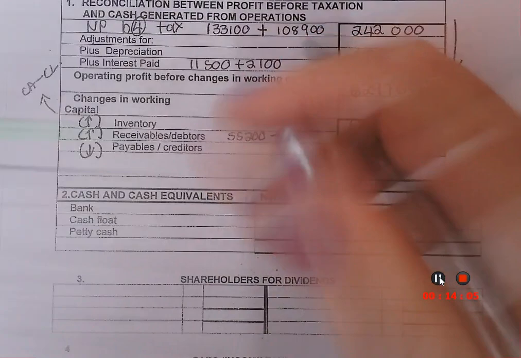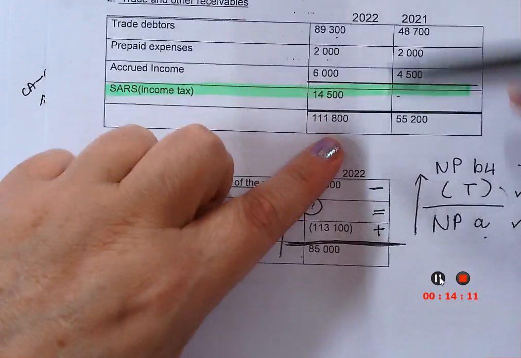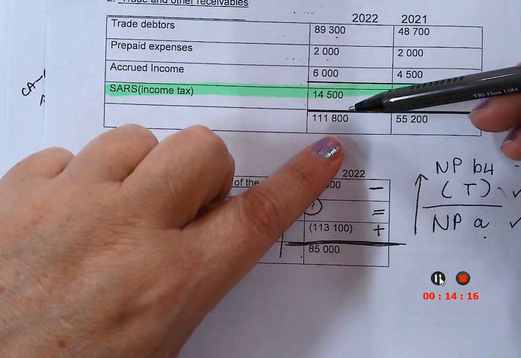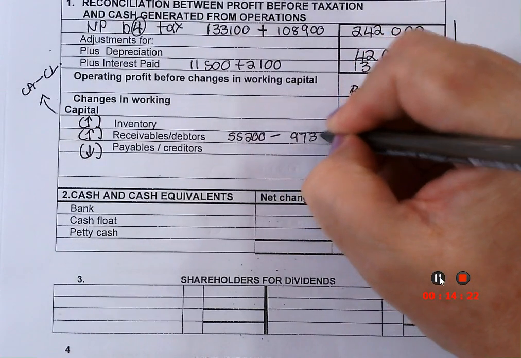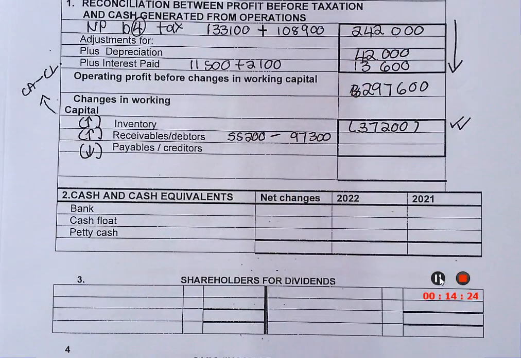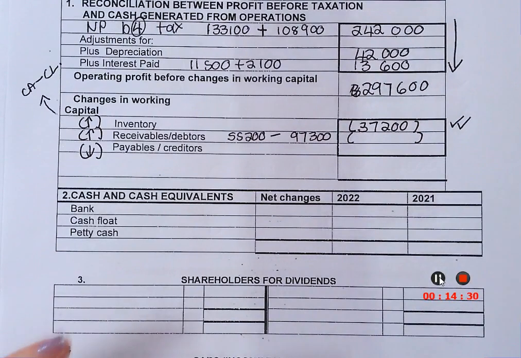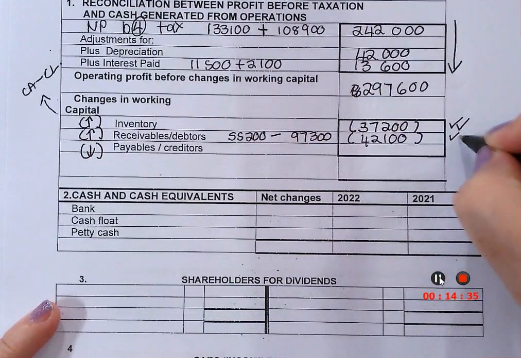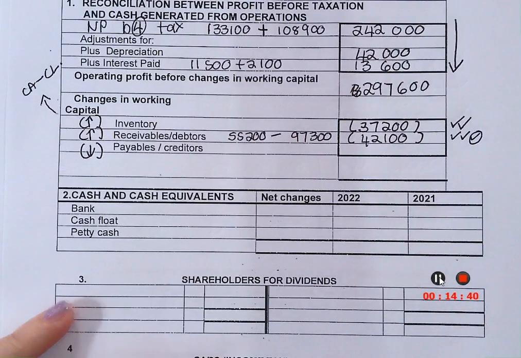And here I can either say 89 plus 2 plus 6, or I can say 111 less 14. So it's 97,300. And you can see it's an increase, so it's a bracket. And what is the increase? And this is either 2 ticks or 3 if your bracket is right. It depends. Remember, the memo can be different.